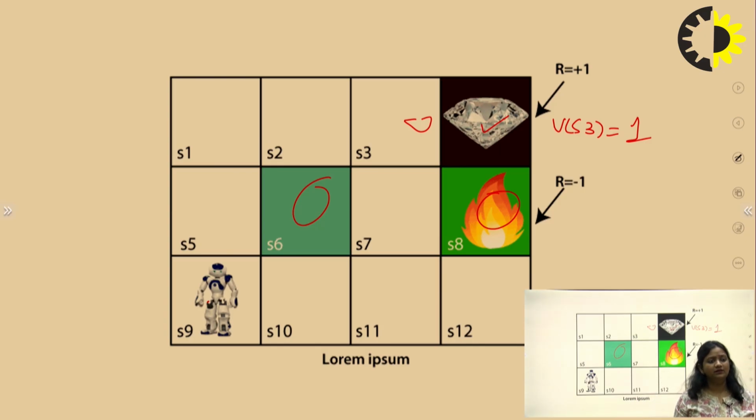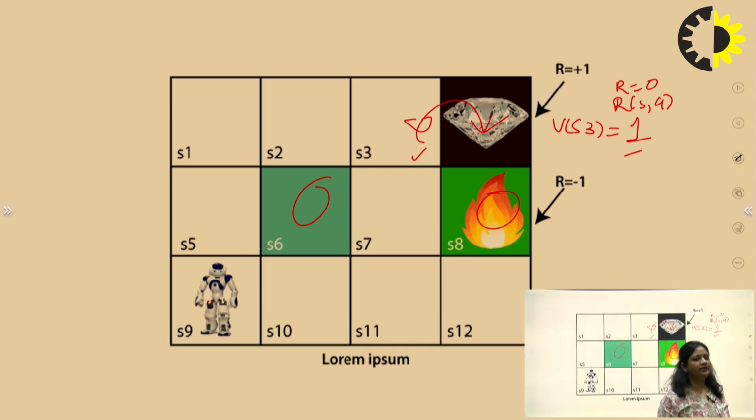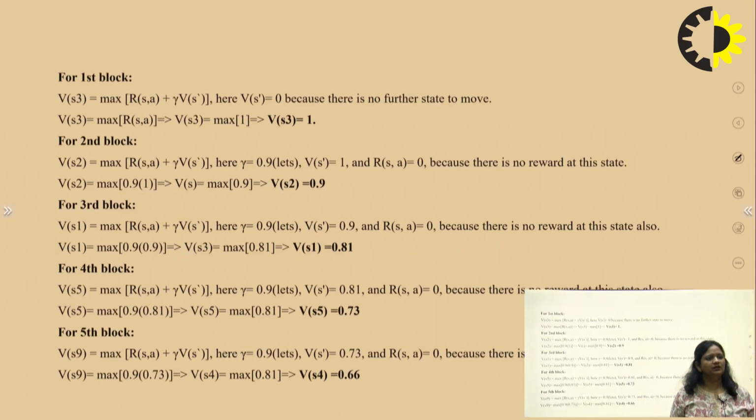Otherwise, in any other situation, the value of the reward is equal to 0. So the value of R(S, A) would be 1 for state S3, because from the right of this cell we will reach the final destination, plus the value of the discount factor.